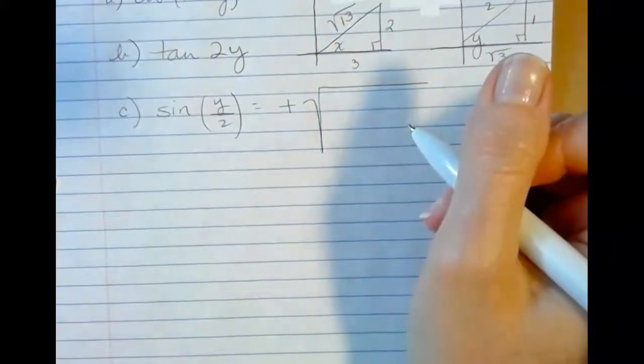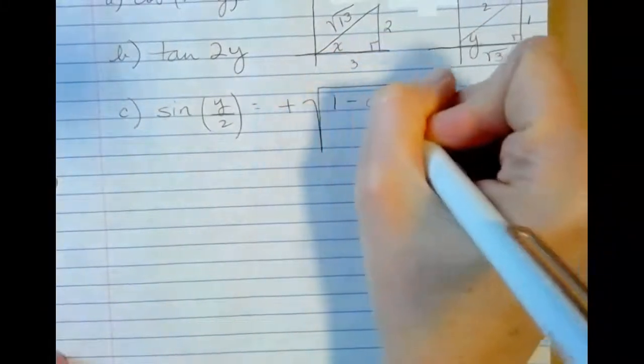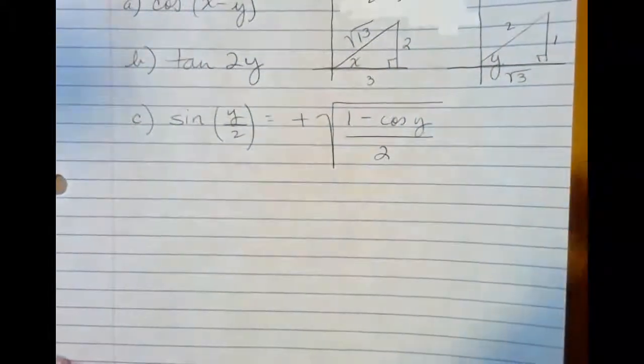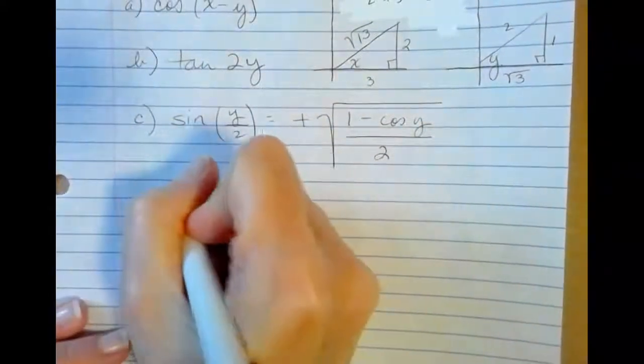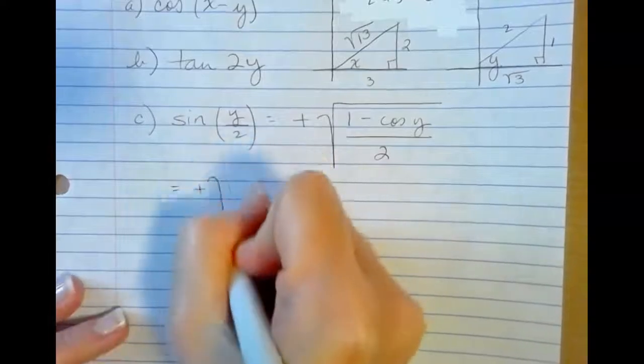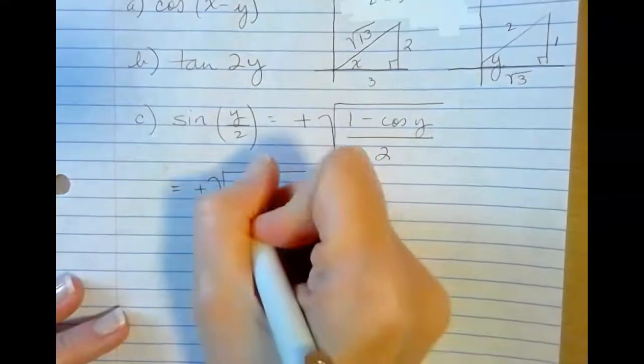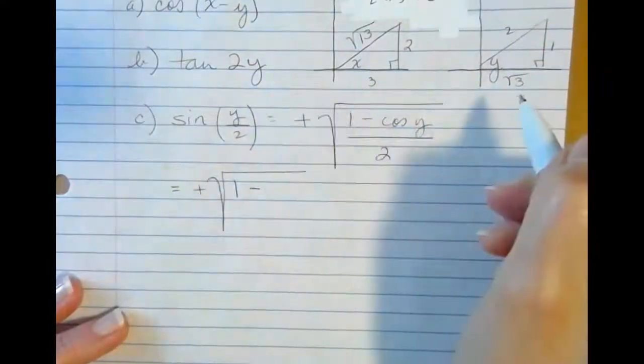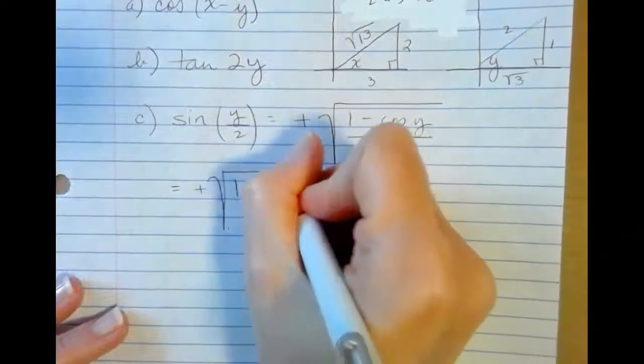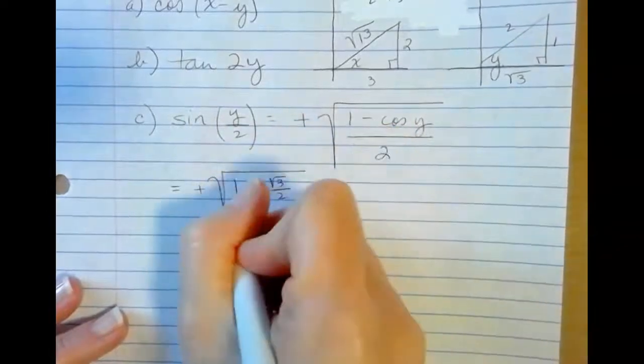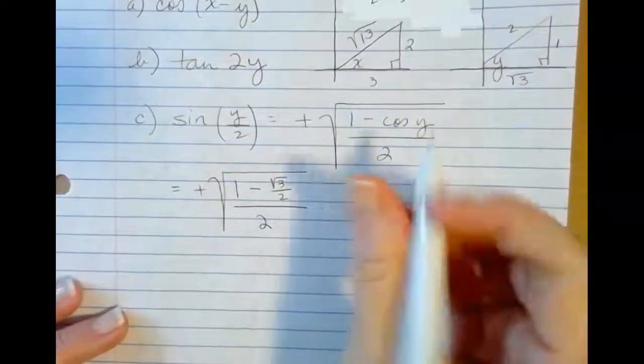And the sine of the half angle is the square root of 1 minus cosine y all over 2. So that's your formula. You have to know that. So it equals, and we know it's staying positive, so I'm just going to let that be, 1 minus the cosine of y. The cosine of y is root 3 over 2, all over 2.